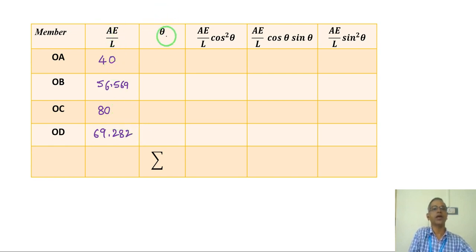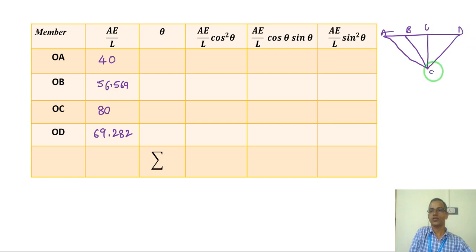So what is the angle theta for each of the members? This is very important. If I try to draw this structure here, this is A, B, C and D, this is O, and this is 60 degrees, this is 45, and this is 30 degrees. So this is coordinate 1 and this is coordinate 2.